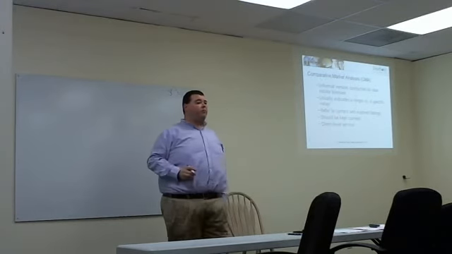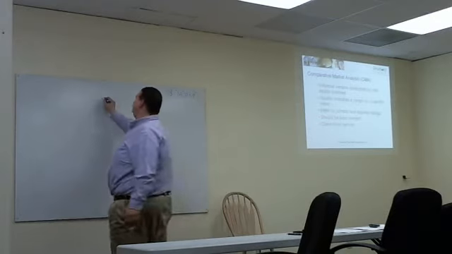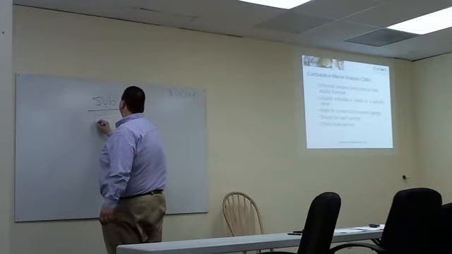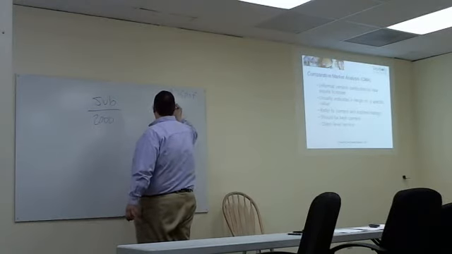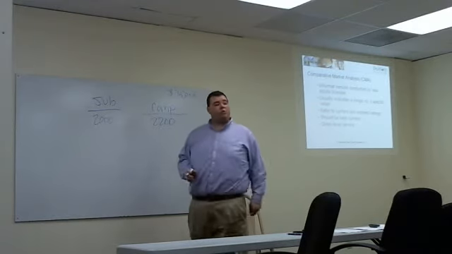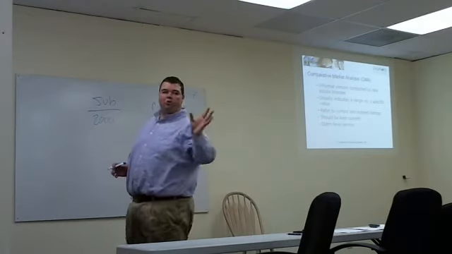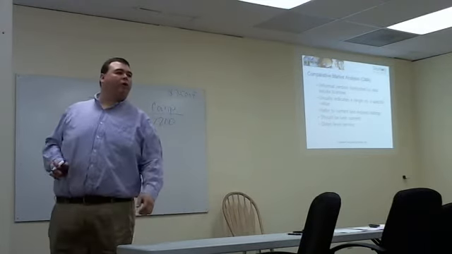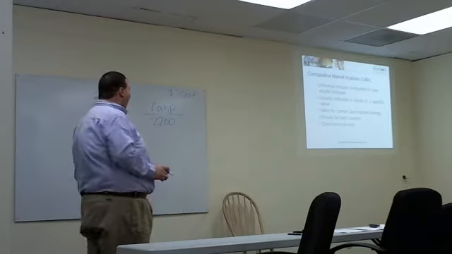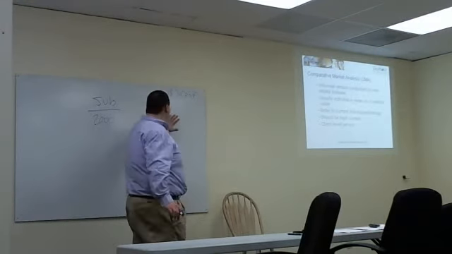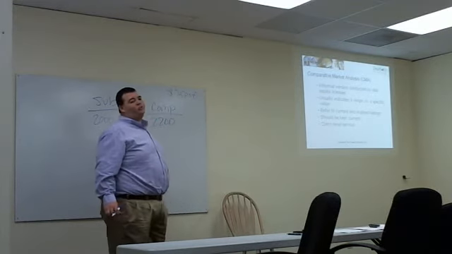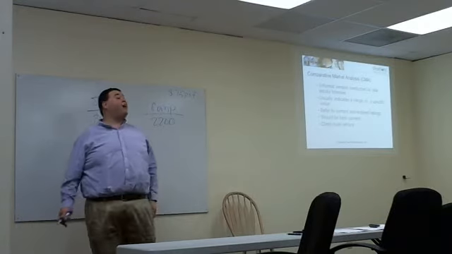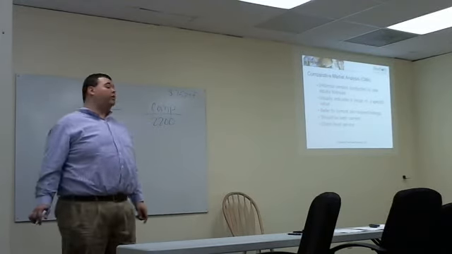Everybody follow me? So, if we have a subject property that is 2,000 square feet, and a comp that is 2,200 square feet. Well, first of all, go ahead and decide which direction we're going. Are we going up or are we going down? We're going down. We need to, in essence, remove 200 square feet from that comparable property, right? We can't remove the 200 square feet, so we remove the value of 200 square feet.